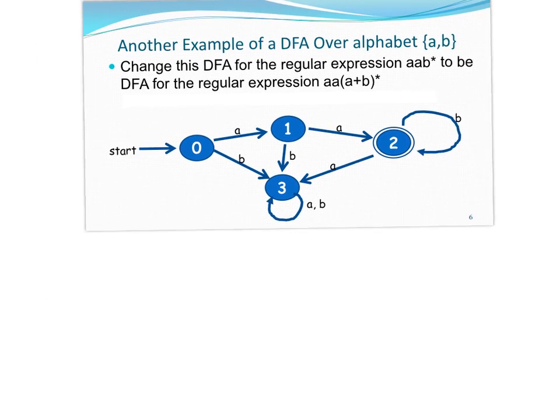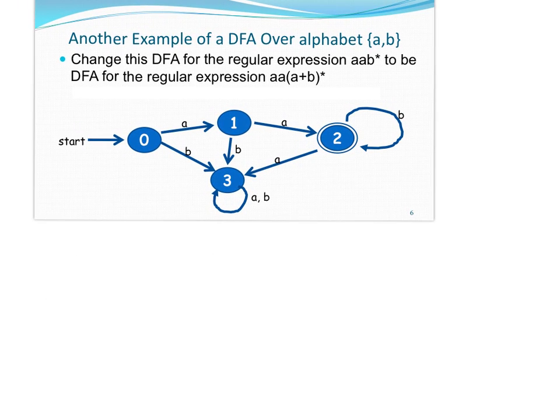So let's pause for a minute and remind ourselves, what is this new language? That means we start out with two A's, so every string has two A's. And then after that, we have 0 or more elements from this expression, which is either A or B. So it's an AA followed by as many A's or B's as you want.